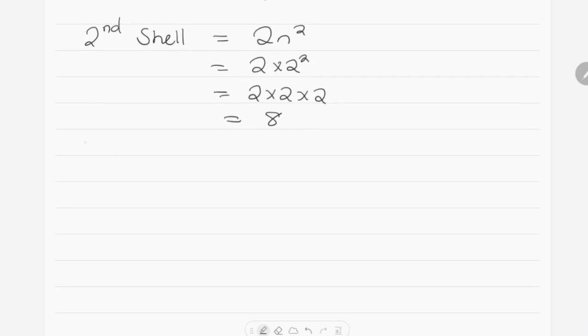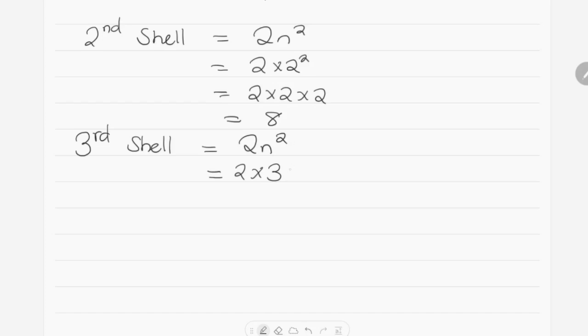Then we move on to the third shell. We still use the same 2n squared rule. This will give us 2 multiplied by 3 squared, because now this is shell number 3 from the nucleus.